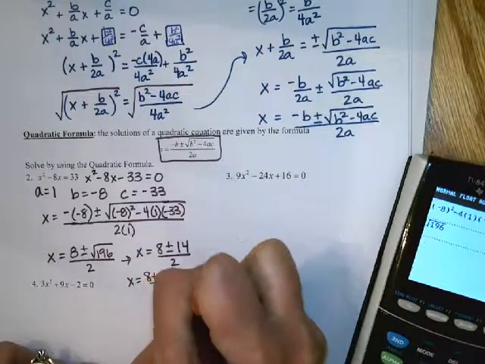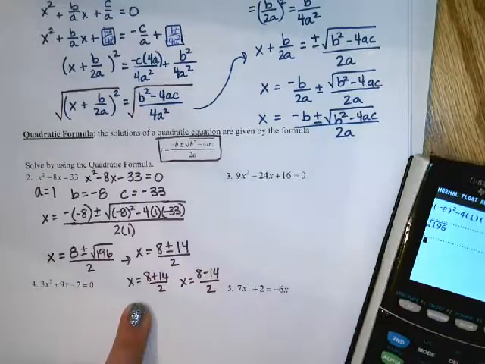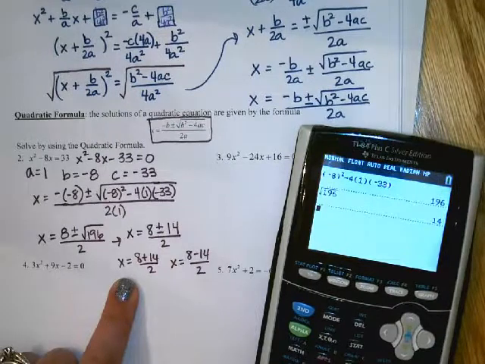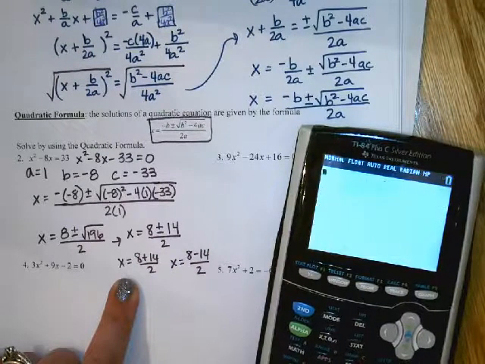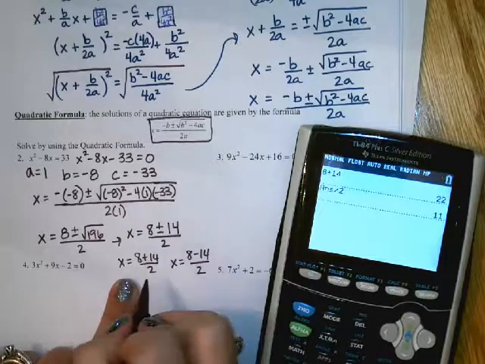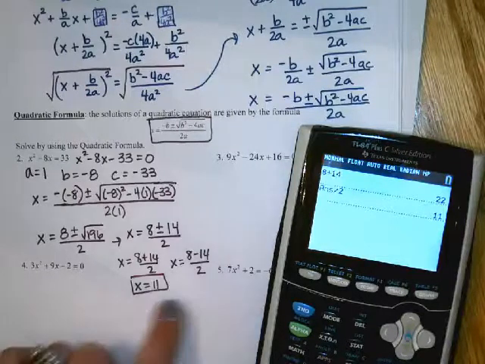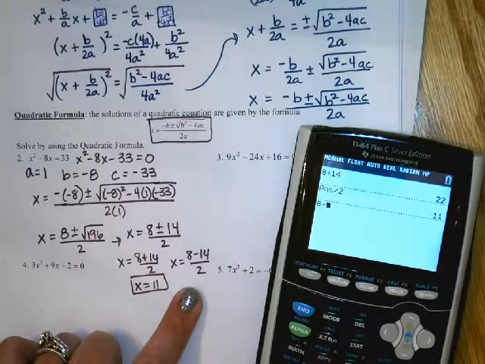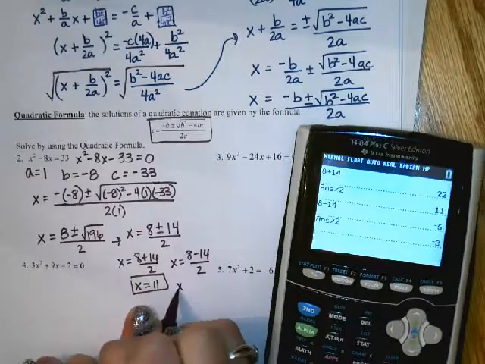And then we have 8 minus 14 divided by 2. So 8 plus 14, so 22 divided by 2, so x is 11. And then 8 minus 14 divided by 2 is negative 3.